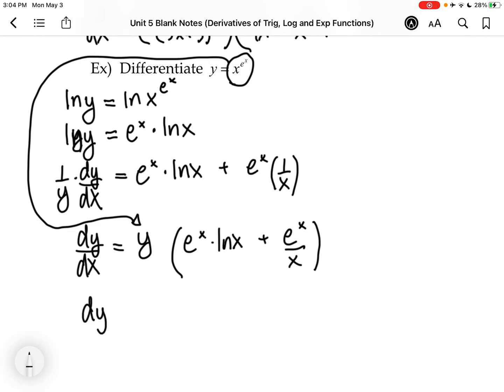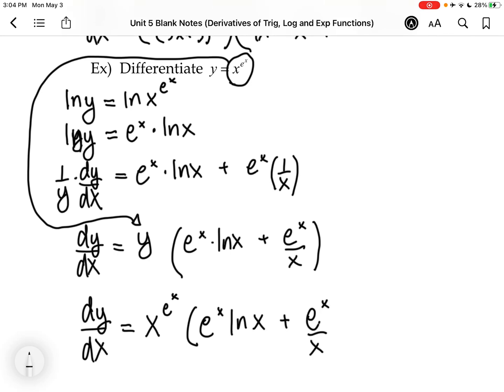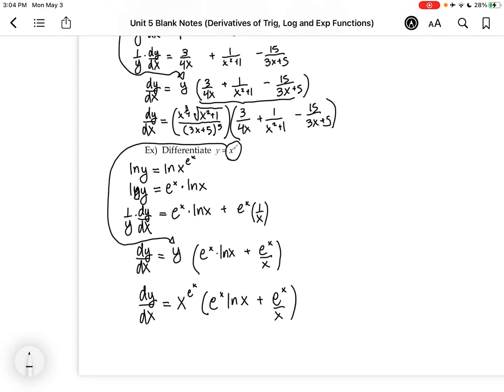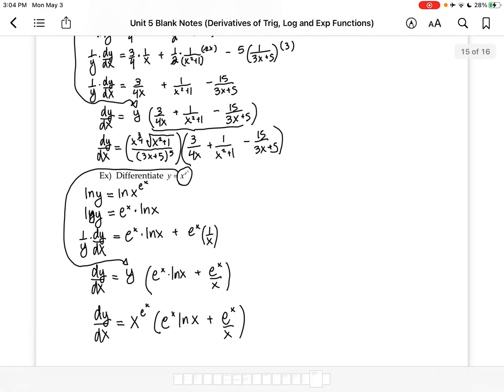And so I'll get that dy dx equals x to the power e to the x times e to the x ln x plus e to the x over x. And that's my derivative. All right, so we're going to try one more and then we'll be done.